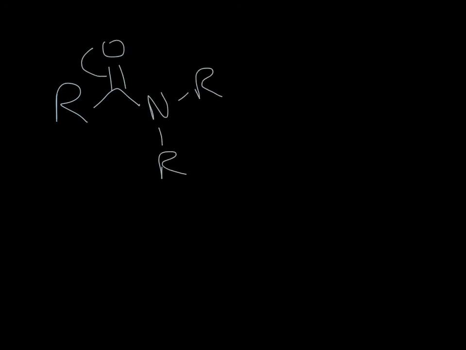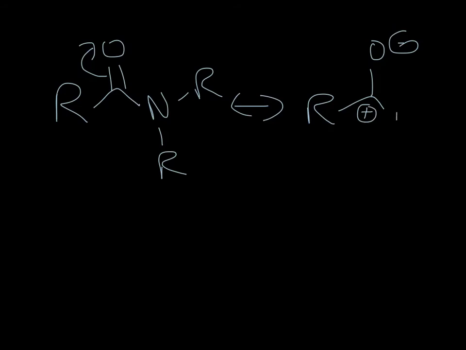So lastly, we have the amide. And I'm going to put two R groups on the amide here. So again, charge-separated compound. And the nitrogen has a lone pair that it can donate to that bond.